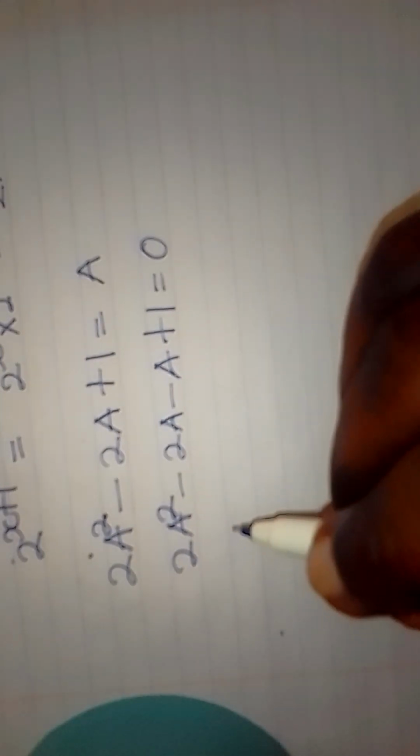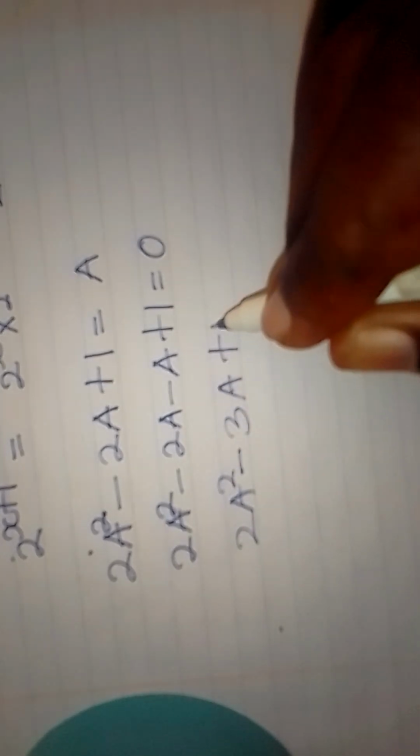The quadratic equation is going to be 2a squared minus 2a minus a plus 1 equals 0. Then it is 2a squared minus 3a after collecting like terms, plus 1 equals 0.